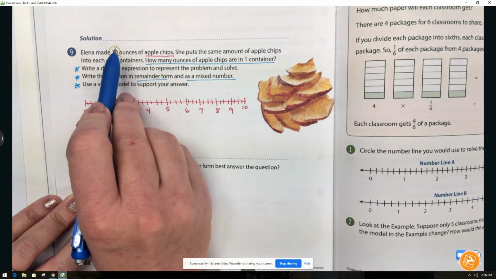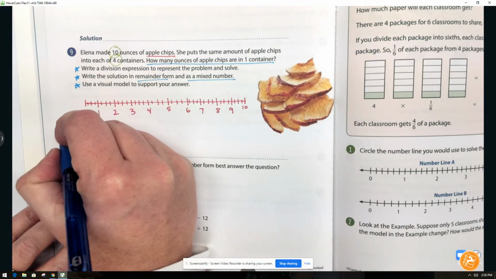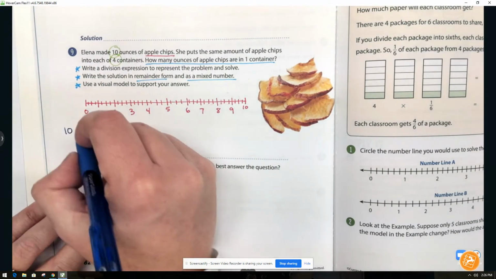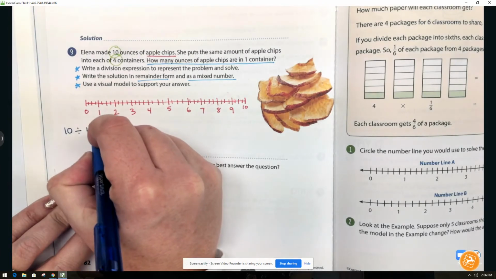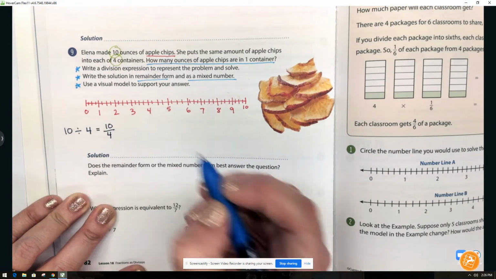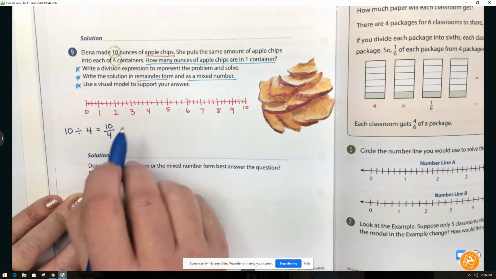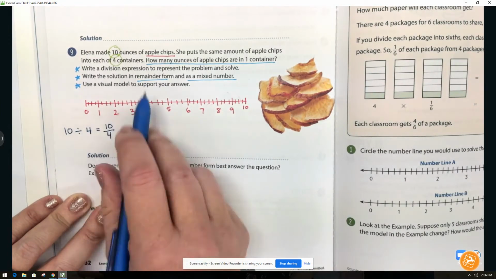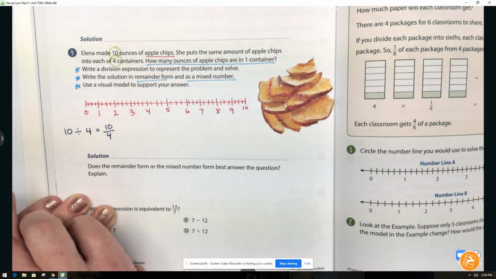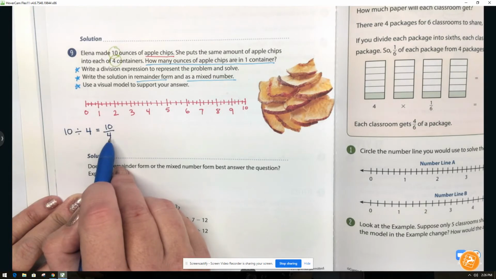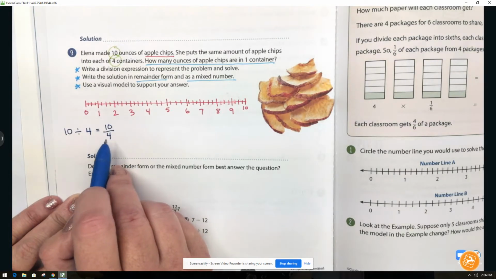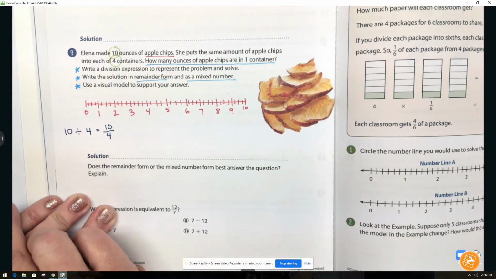So we have 10 ounces of apple chips. We're going to divide those 10 ounces of apple chips into 4 containers. So our answer is 10 divided by 4. Now remember that this is an improper fraction and we want to write the solution in remainder form and as a mixed number. The first thing we want to do is ask, how many times does 4 go into 10?